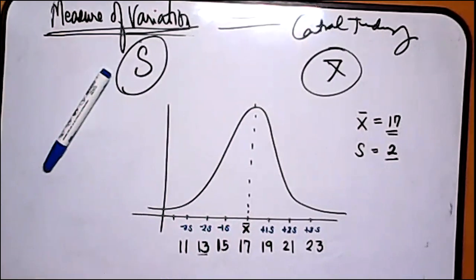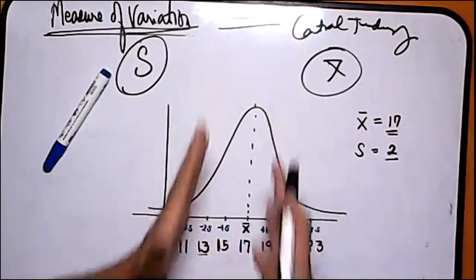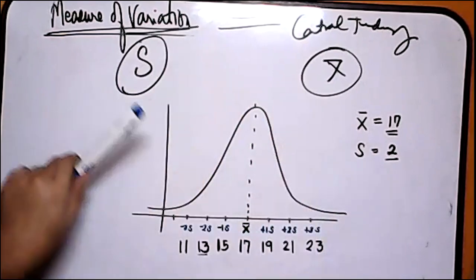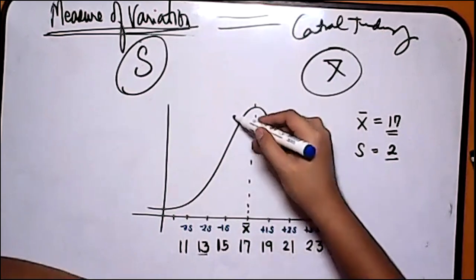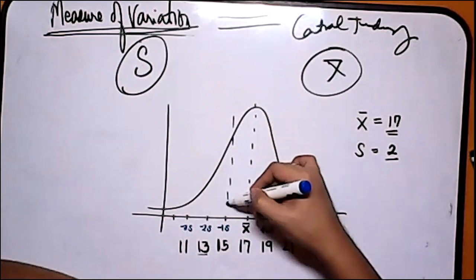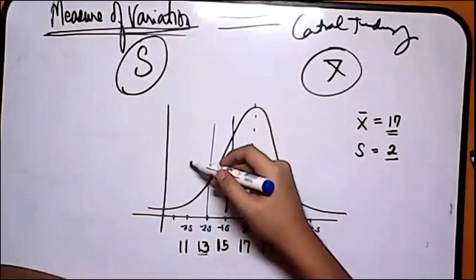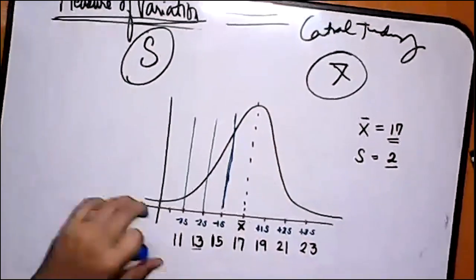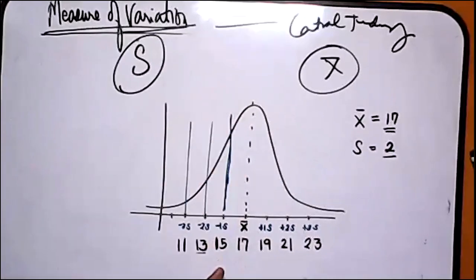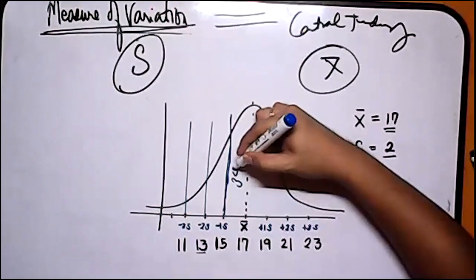Now, there are certain percentages in this area of the normal curve. In the normal curve, from the mean to one standard deviation, either below or above it, it's 34.13%.